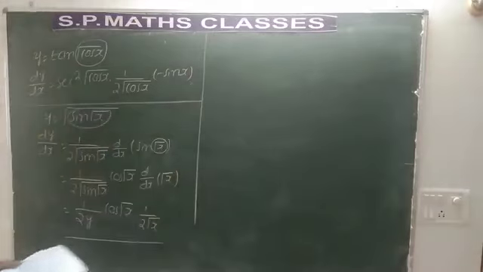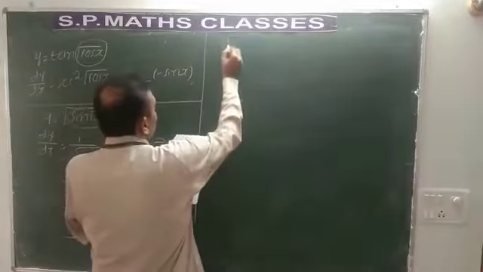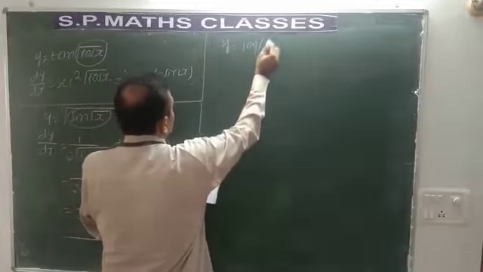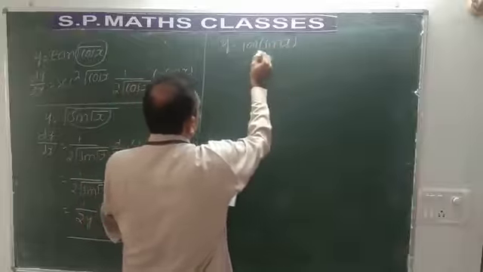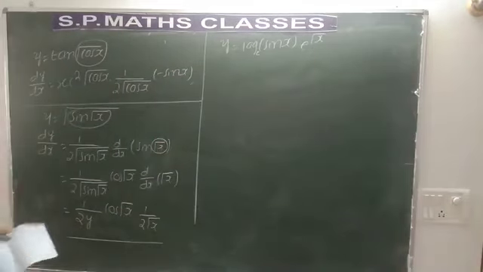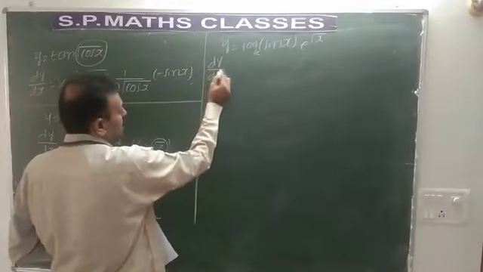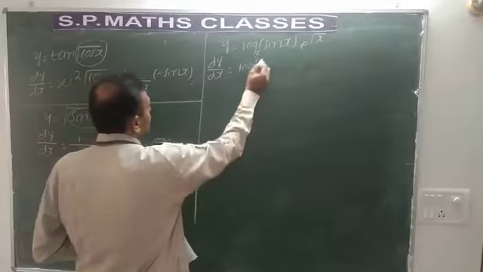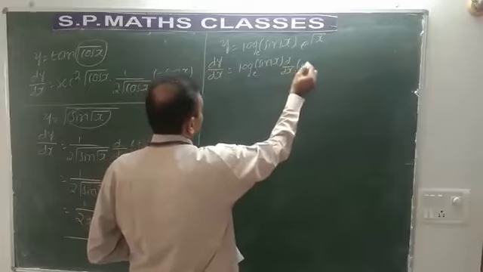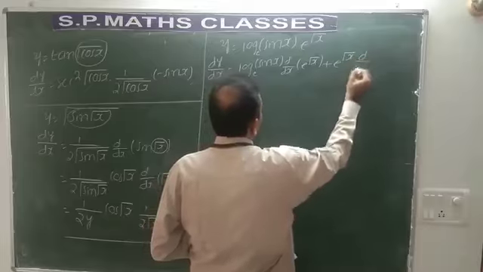That was the 18th problem. Let us take up the 19th problem. y is equal to log of sin x to base e into e power root x. When you look at the problem, you will understand that you have to apply the product rule first. What is the product rule? First function into derivative of the second, plus second function into derivative of the first.